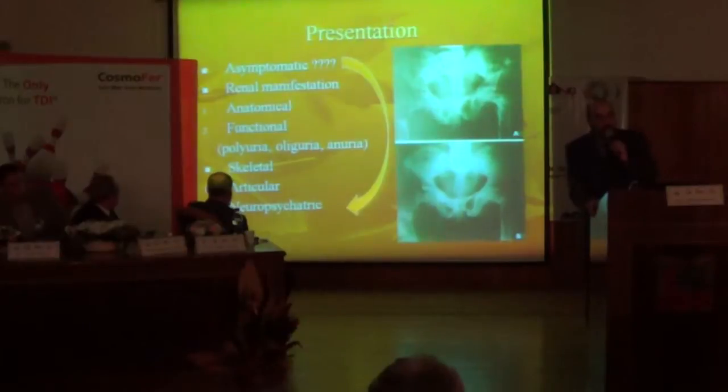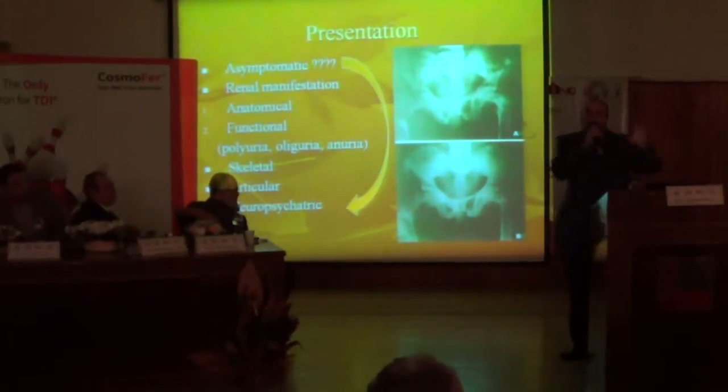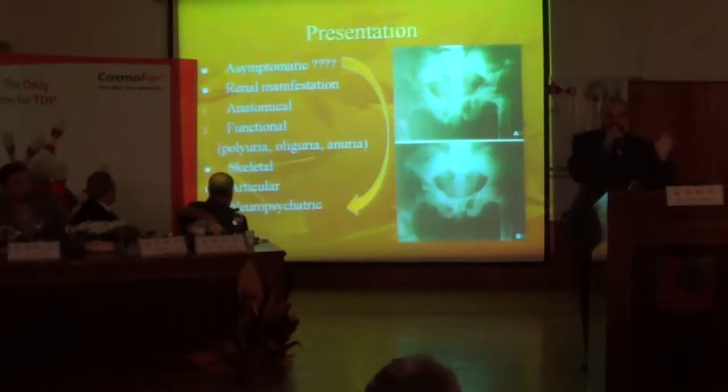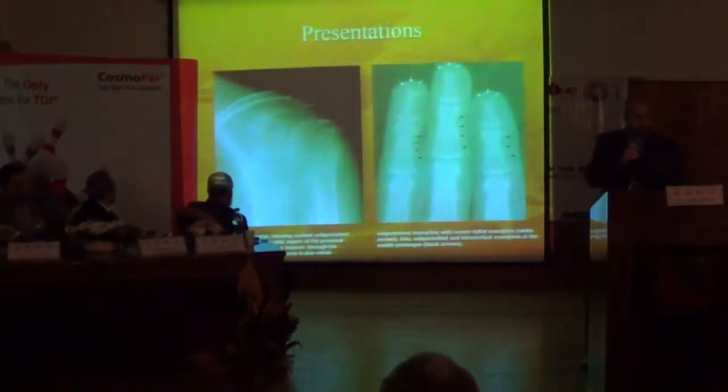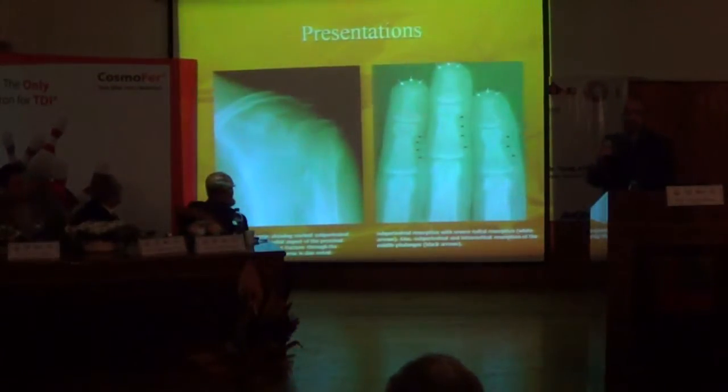So don't rely on the asymptomatic category because most likely it doesn't exist. I'm reminding you, I'm talking about primary hyperparathyroidism. This is standard teaching: subperiosteal bone resorption, tuft and radial aspect of phalanges, and this is a pathological fracture.